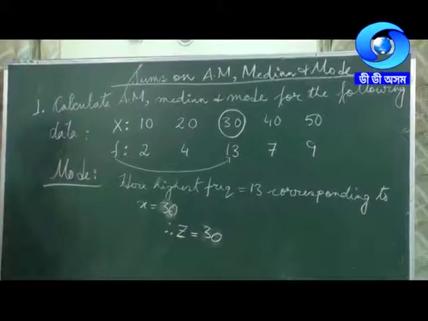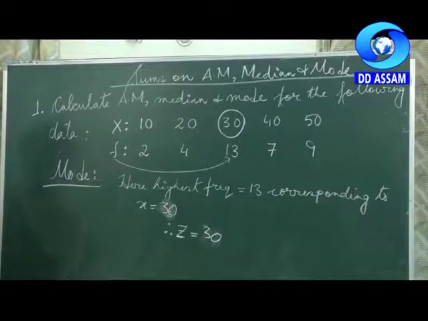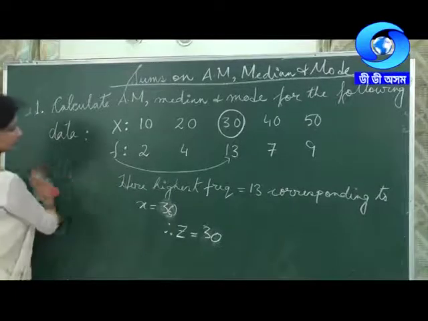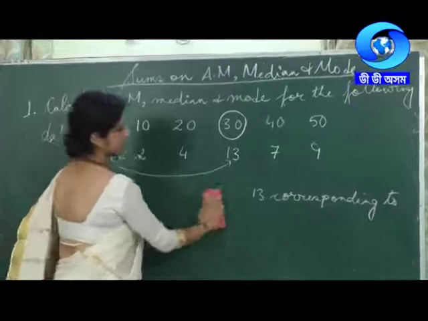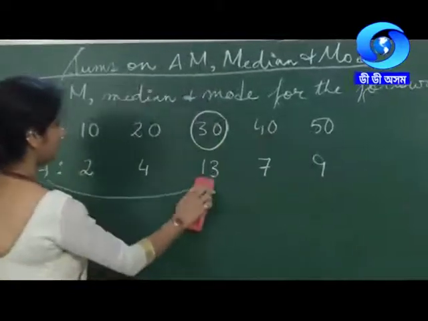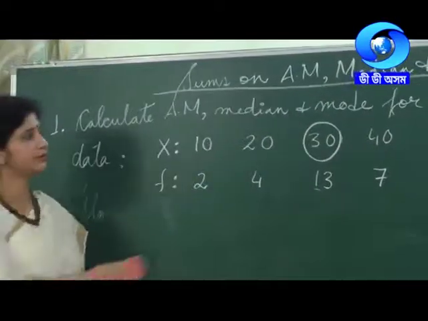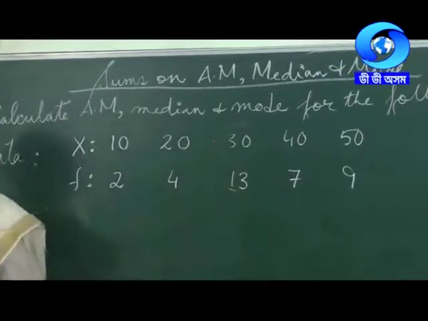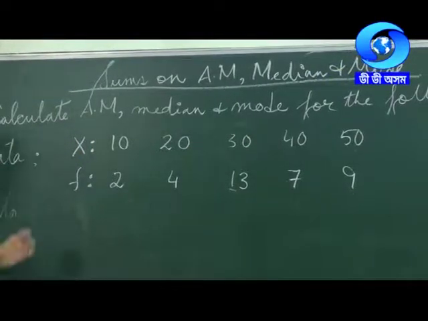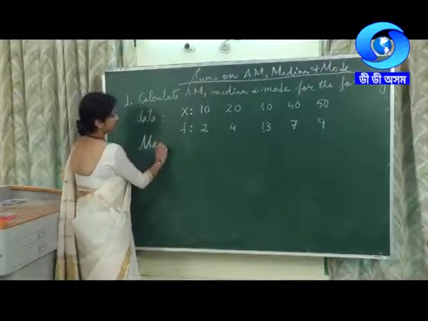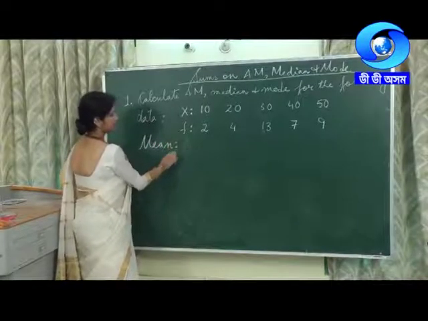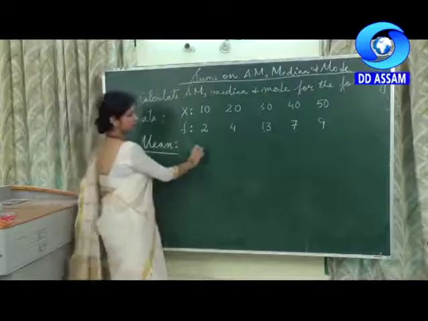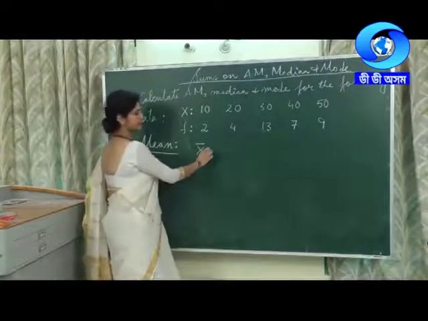Now for calculating arithmetic mean and median, we shall proceed as follows. Let us go to the calculation of arithmetic mean first. You remember how to find arithmetic mean, what is the formula?